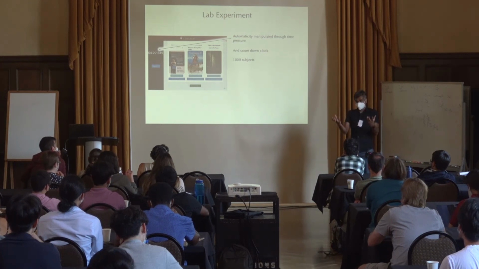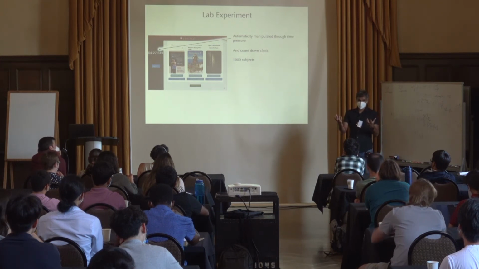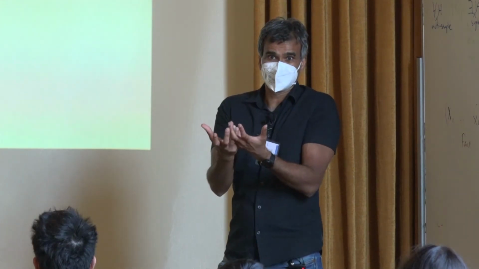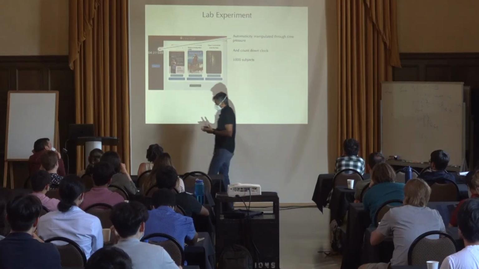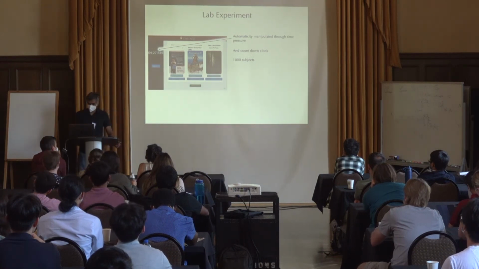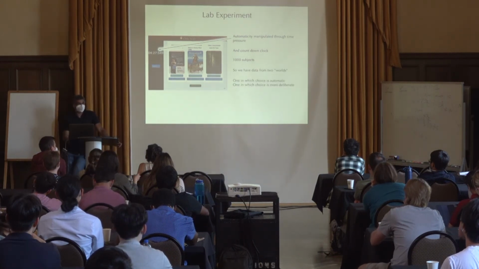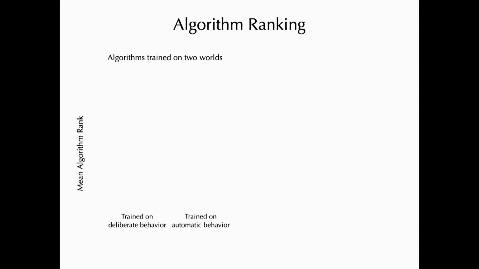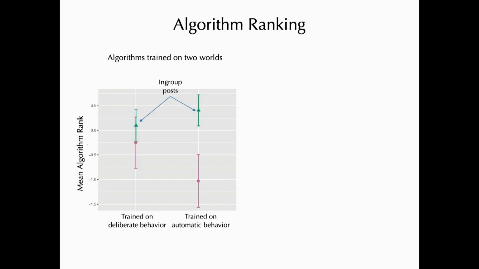I'm going to take that training data, and I'm going to train a recommender system to recommend movies to both populations. Now, their preferences are the same by construction. What happens to the algorithmic recommendations when we train in these different worlds? And so what you find is that when it's trained in the deliberate behavior world, there's a small but insignificant difference between in-group and out-group posts.